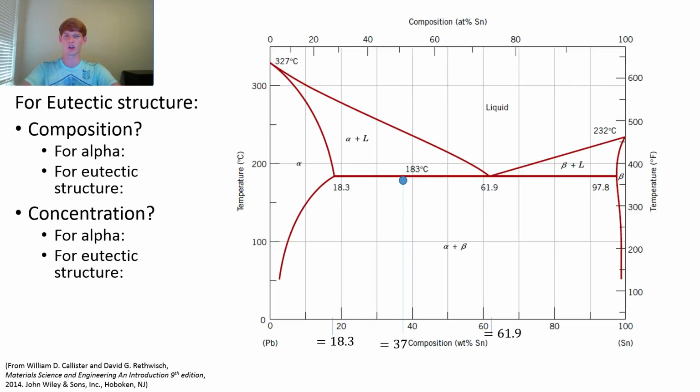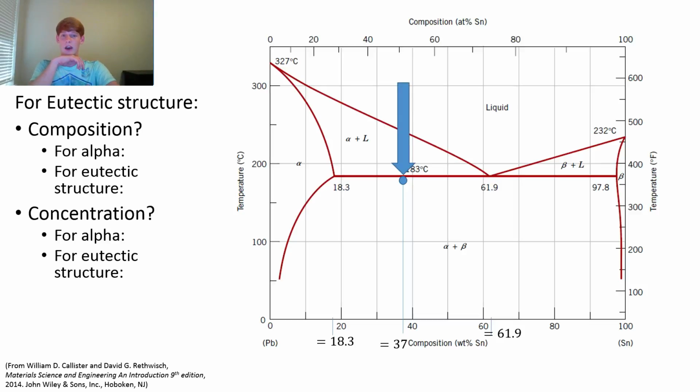So for eutectic structure, let's say we wanted to calculate how much was alpha, but more importantly, what composition is eutectic structure, which means more strength of the material, and how much of it. Same thing.